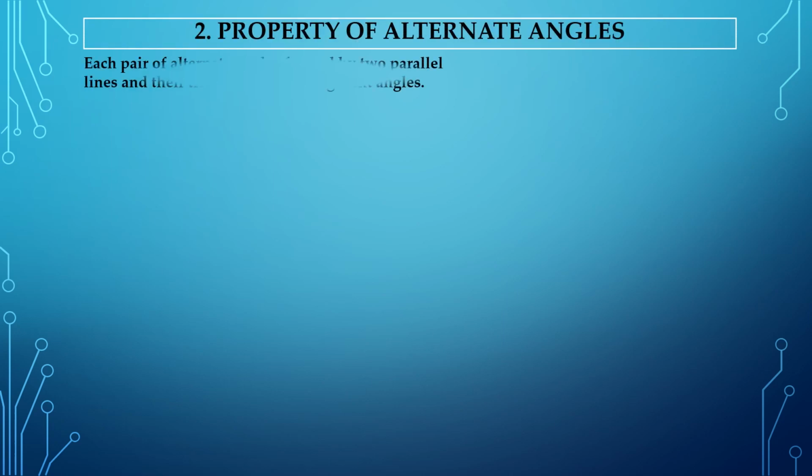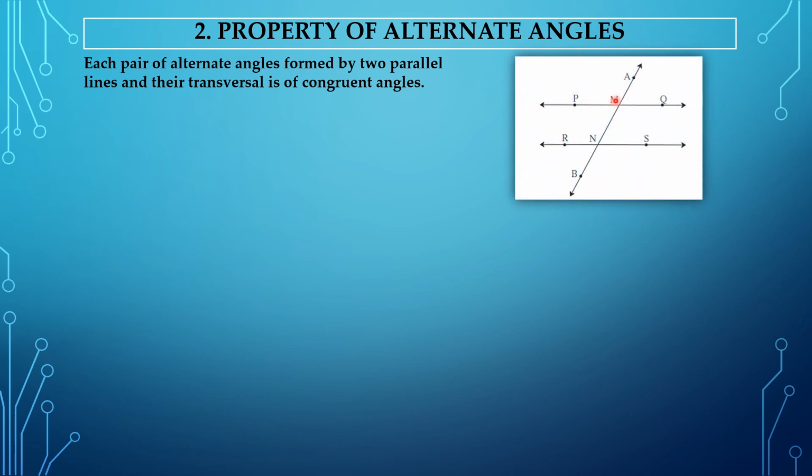Now what is the property? Each pair of alternate angles formed by two parallel lines and their transversal is of congruent angles. Similarly, line PQ is parallel to line RS and the transversal is line AB. Now, for alternate angles formed, we can have two pairs of interior alternate angles and two pairs of exterior alternate angles, which we studied in our previous session.